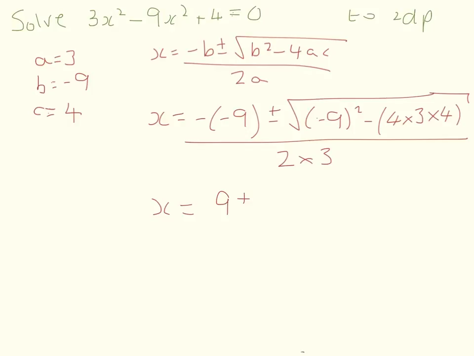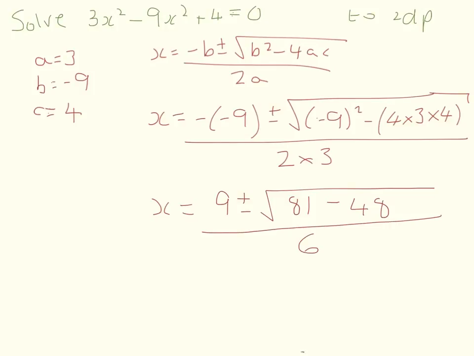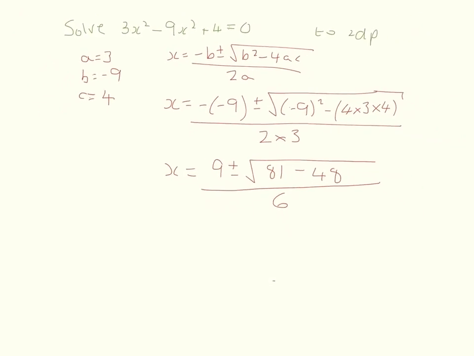So it's 9 plus or minus the square root of minus 9 squared, which means minus 9 times minus 9. A negative times a negative is a positive, so that is going to be 81. And 4 times 3 is 12, times 4 is 48. And that is divided by 6.